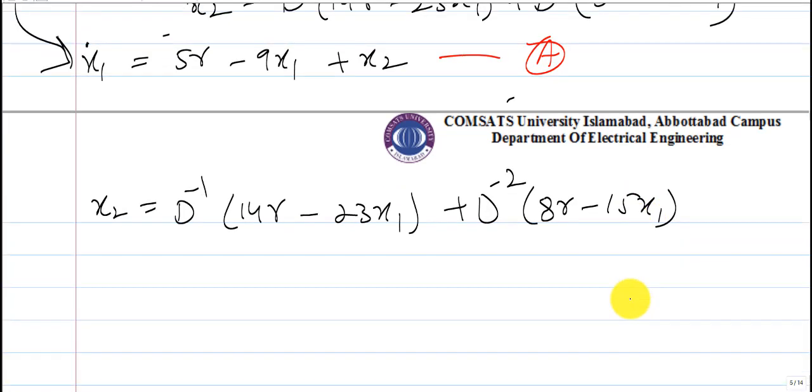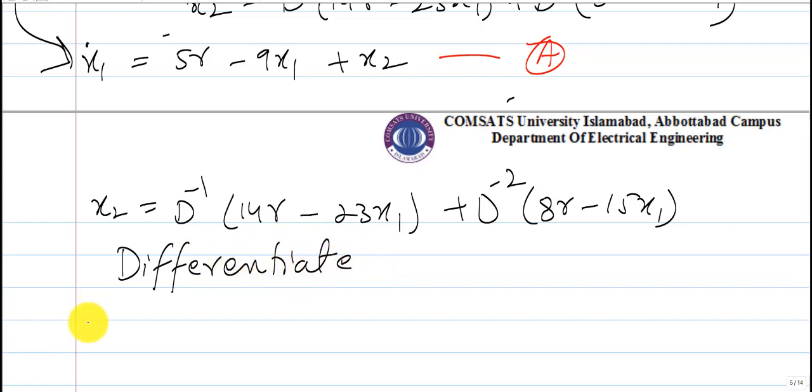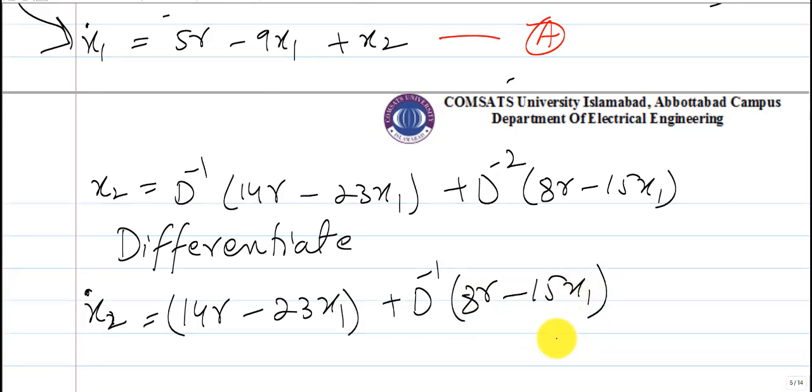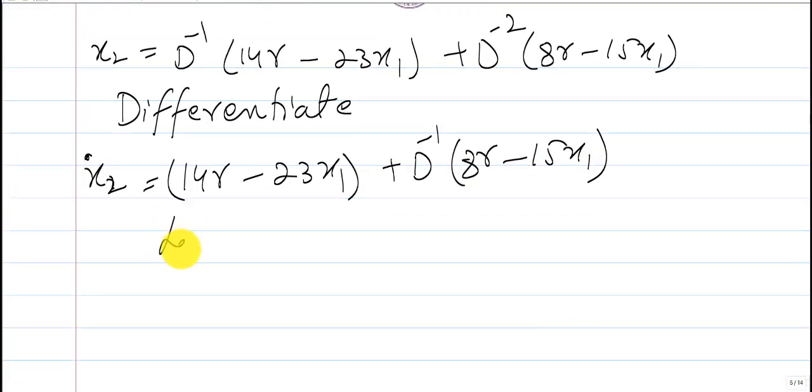Now we assume x3 equal to D^-1 (8r minus 15x1).